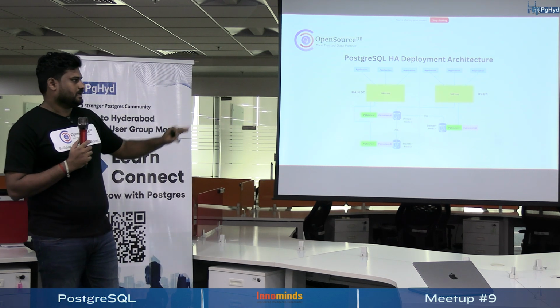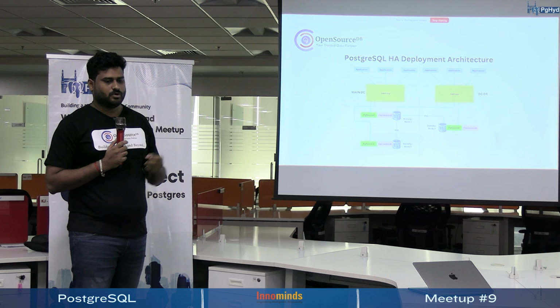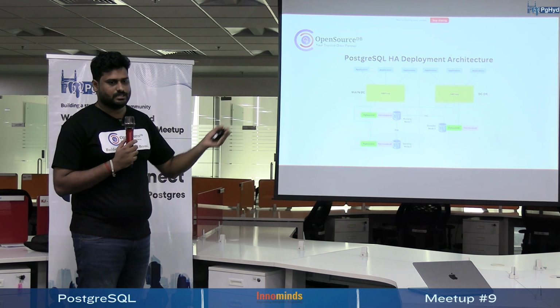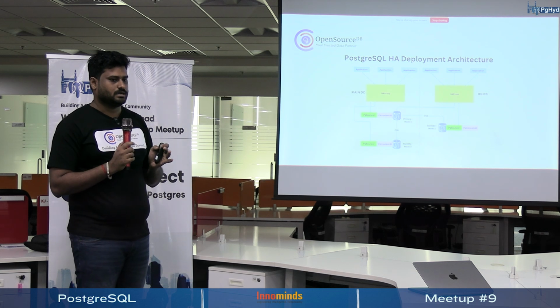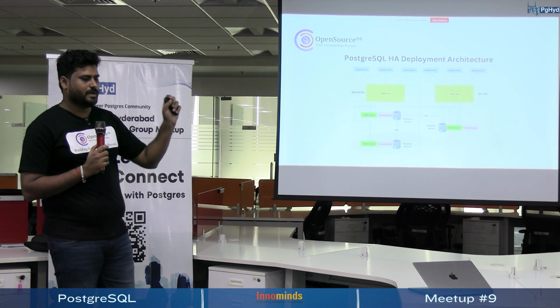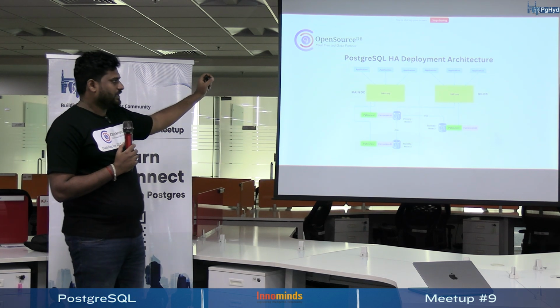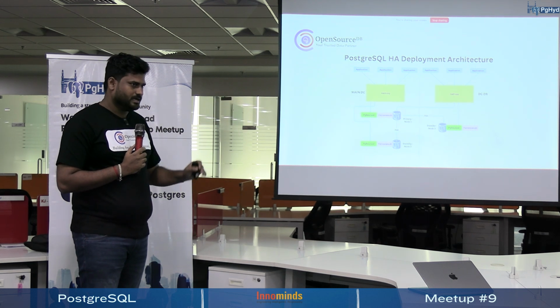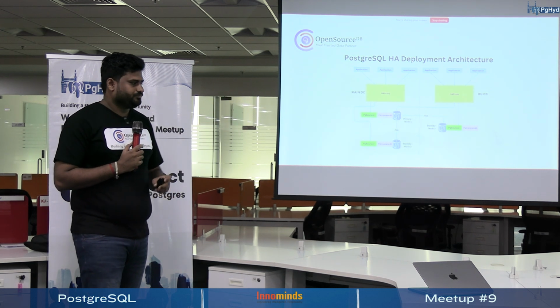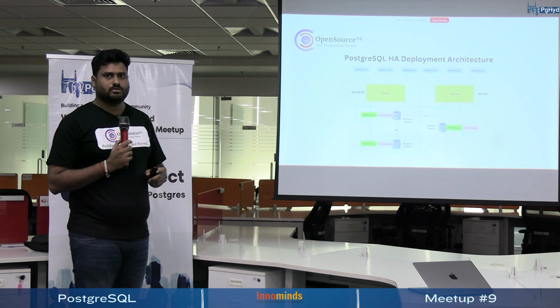Let's say HAProxy is having 200 or 300 requests at a time; PgBouncer will take these connections as a pool and manage them from there. Is it like PgPool? Yes, it is similar to PgPool. Any other questions?